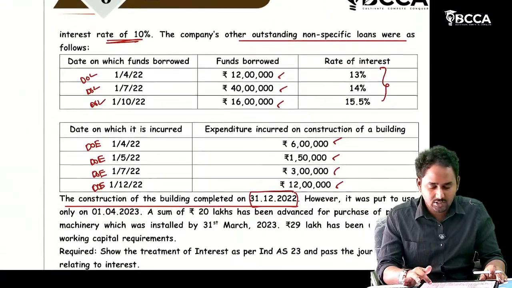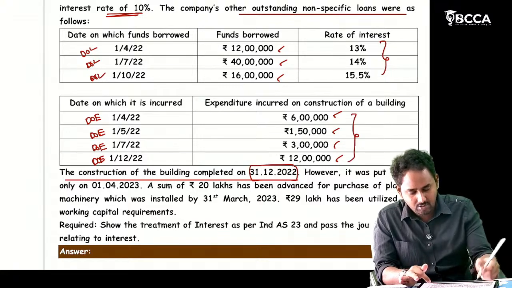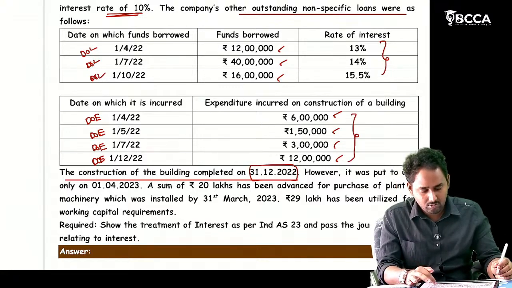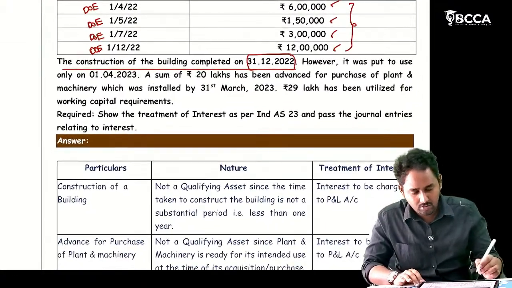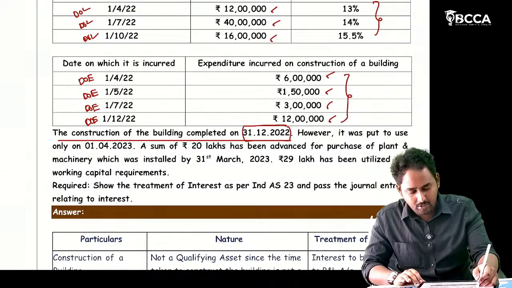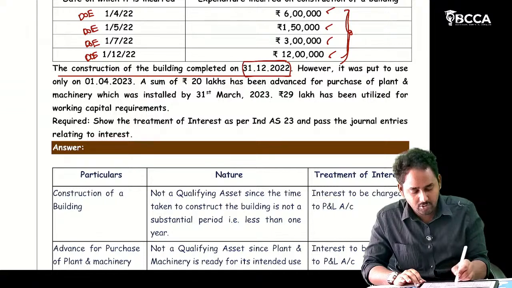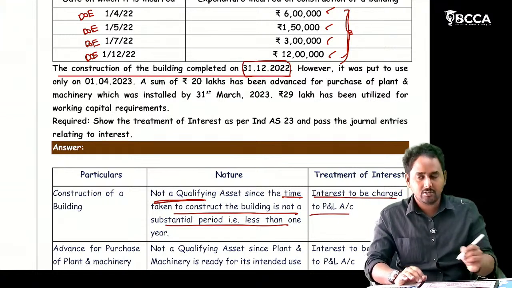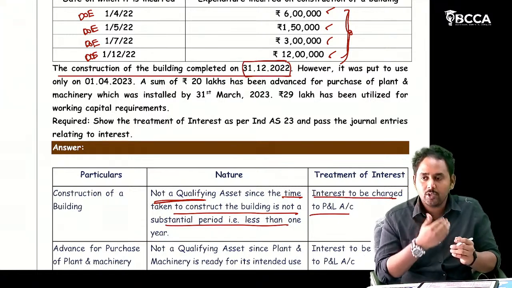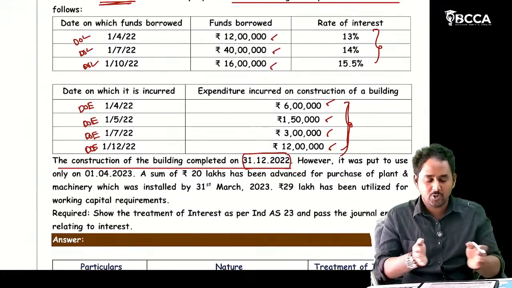In that case, the interest paid on all these loans should be transferred to P&L, so it is not a qualifying asset. Since the time to construct a building is not a substantial period of time, the entire interest should be transferred to P&L. Then I need not find out the capitalized interest amount, right? So there is no need of differentiation.